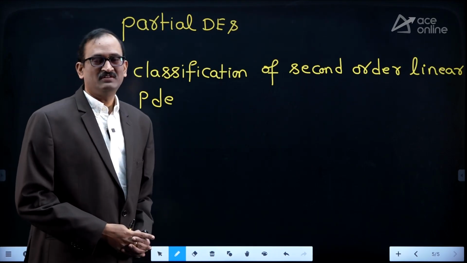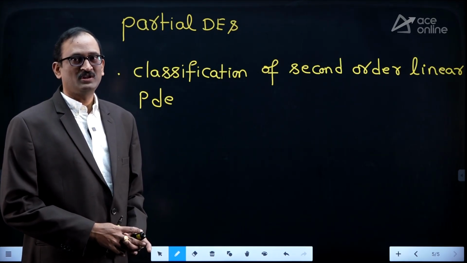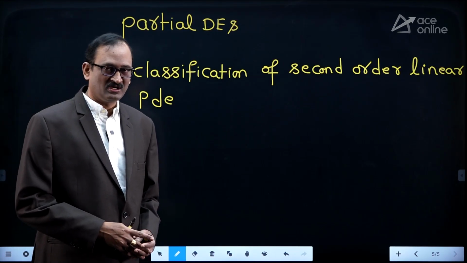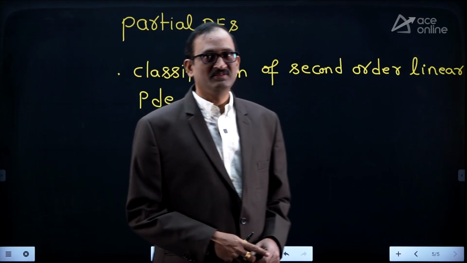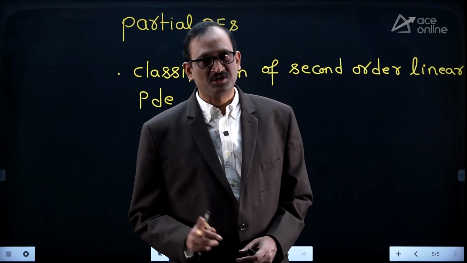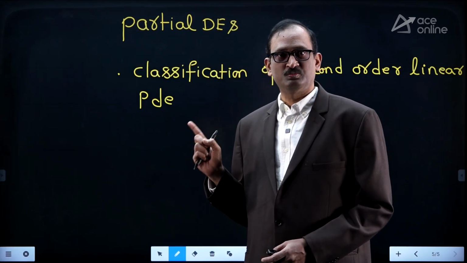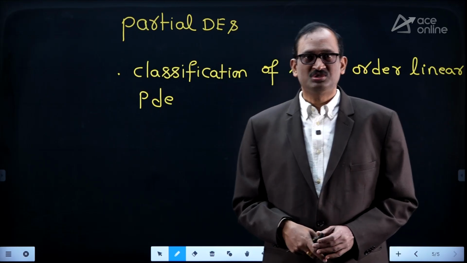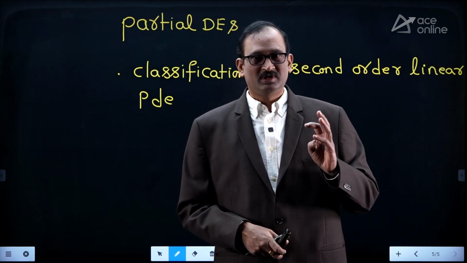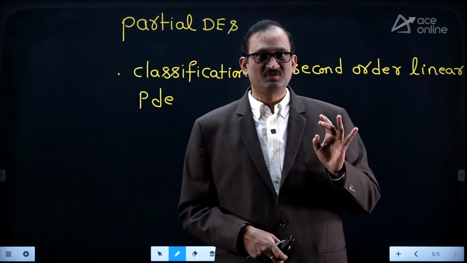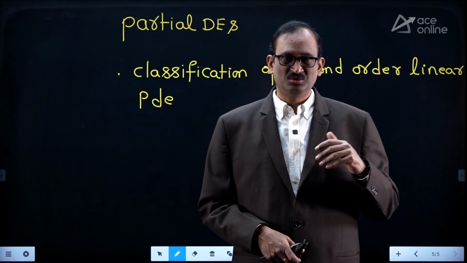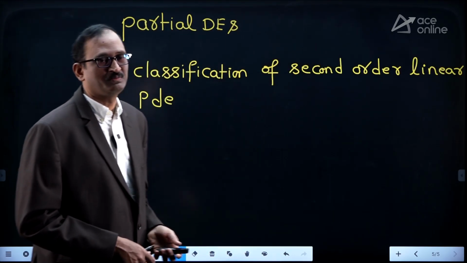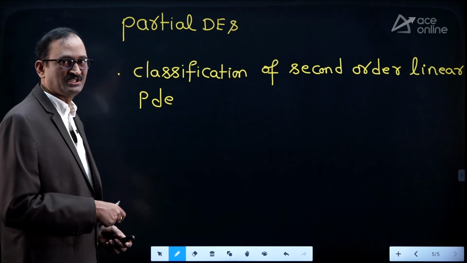Next, one dimensional wave equation, heat equation, Laplace equation, important but no guarantee to be expected in the exam. My sincere advice to everyone regarding partial differential equations, this classification is most important for 1 mark. Apart from that, you just briefly review one dimensional wave equation, heat equation and Laplace equation. Sometimes we can expect those topics in the GATE exam, not that much important as compared to this.